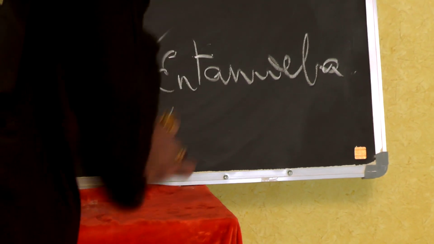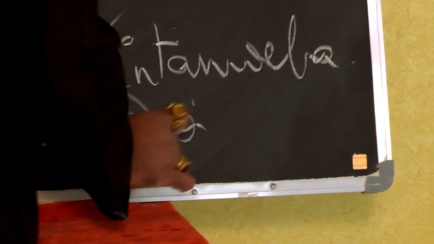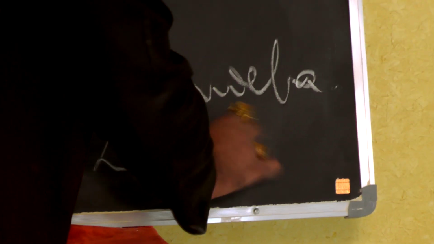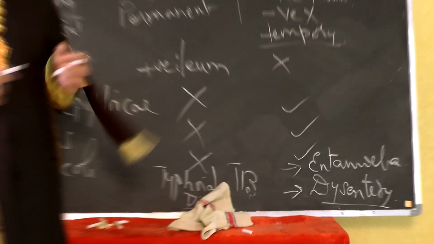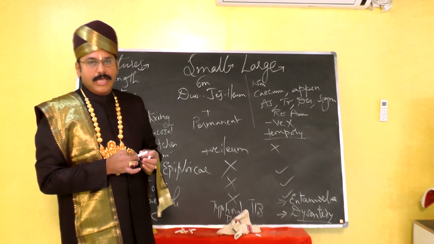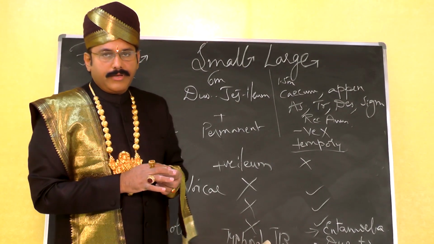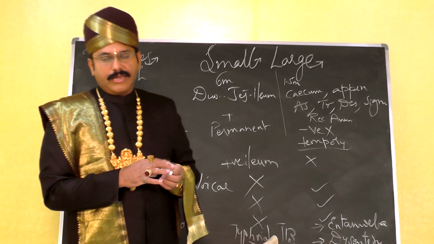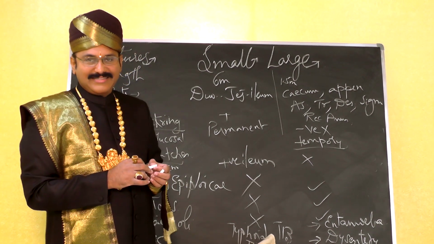And then you have the complication called dysentery. The patient presents with dysentery because the large intestine is infected by Entamoeba histolytica or other dysentery-causing organisms. Are you able to understand?